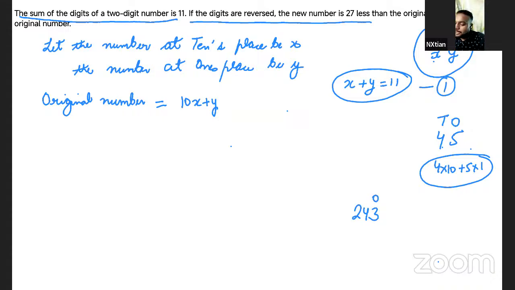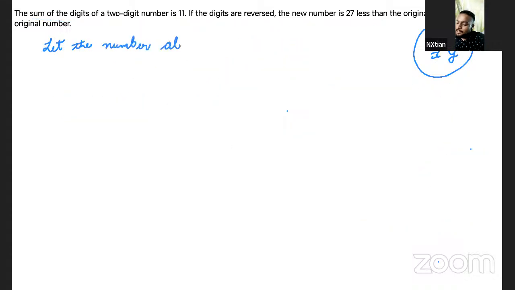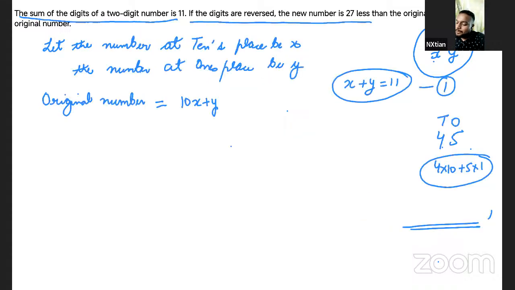This is at the ones place, this at the tens place, this at the hundreds place. It becomes 2 into 100 plus 4 into 10 plus 3 into 1. This is called expanded form. In the same way, I took a number xy and wrote it in expanded form as 10 into x plus y. Understood, guys? Yes or no?